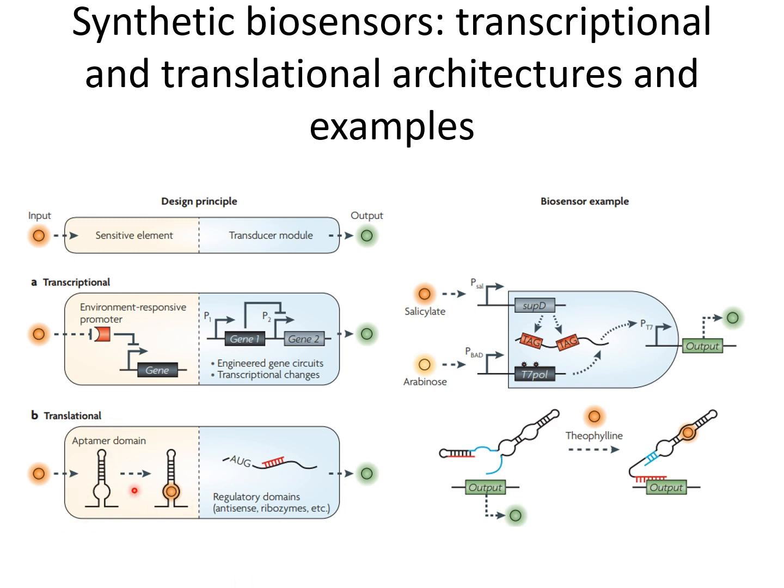We have the aptamer domain, which binds to small signal molecules, like for example here we have theophylline, and we have the antisense domain of this RNA switch. The antisense domain can block the translation by binding on a target mRNA.